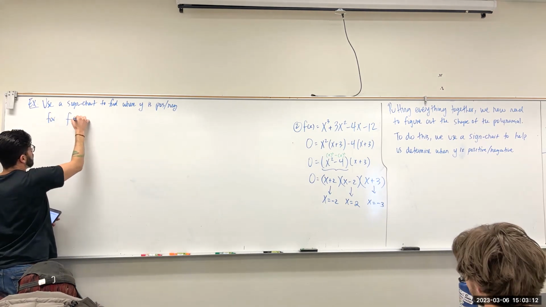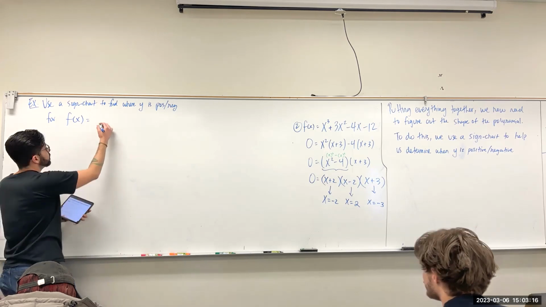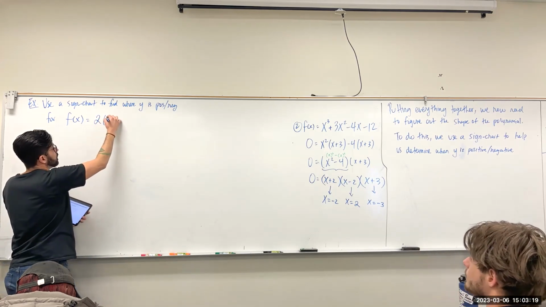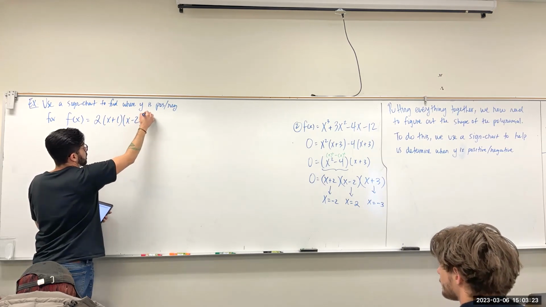For the function, what do I have here for you guys? I already factored it for you. It's going to be 2x plus 1, x minus 2 squared.